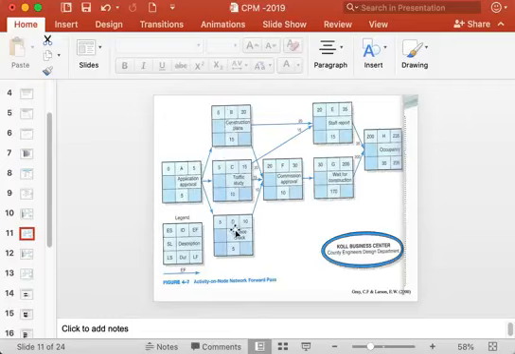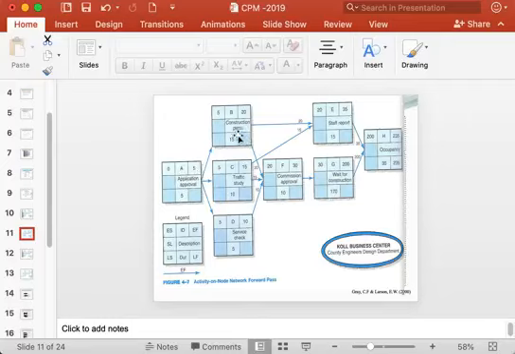And these three activities, since they are preceded by activity A, they cannot start before 5 days, because A would not have finished by then. So these three activities must wait for activity A to be completed, and activity A can finish after 5 time units or 5 days.